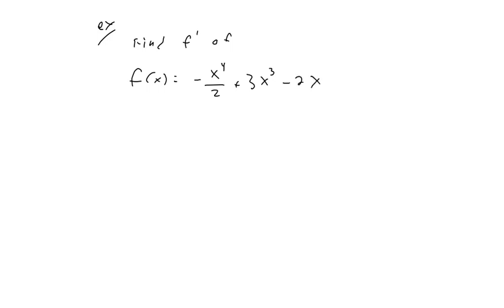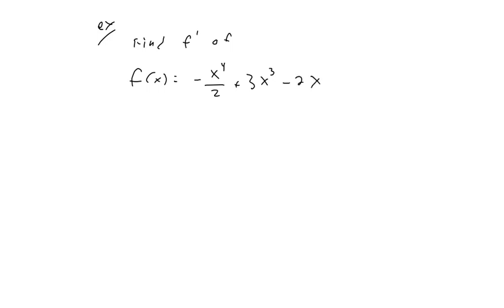What if I want to find f prime of f of x equals, let's say, negative x to the 4th power over 2 plus 3x cubed minus 2x. What's the derivative of this?